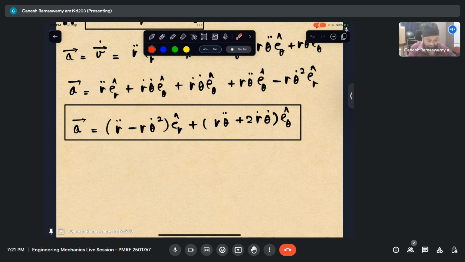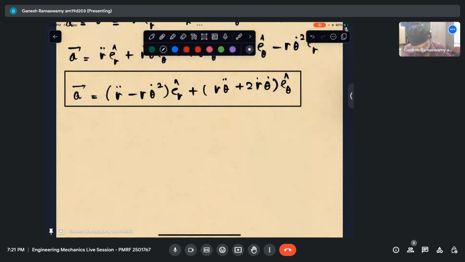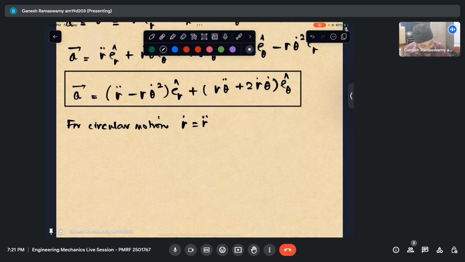So in the case of circular motion, r dot equal to r double dot equal to 0. Therefore, for circular motion, acceleration comes out to be minus r theta dot squared e_r plus r theta double dot e_theta.